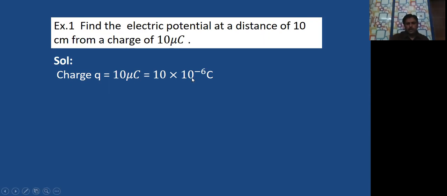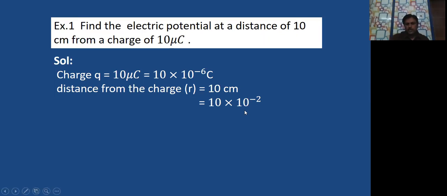Micro means how much? 10 power minus 6. Next, distance from the charge R, how much? 10 centimeters. Convert into meters, children. Multiply by 10 power minus 2. 10 into 10 power minus 2 becomes 10 power minus 1 meters.